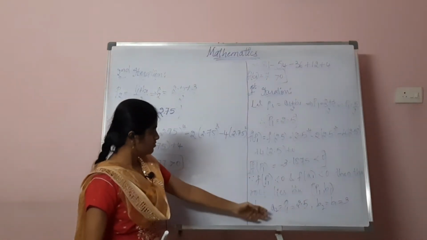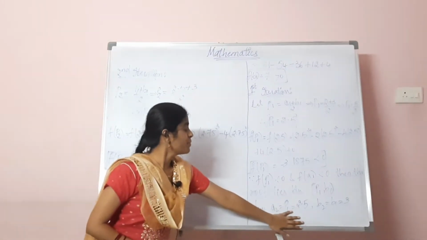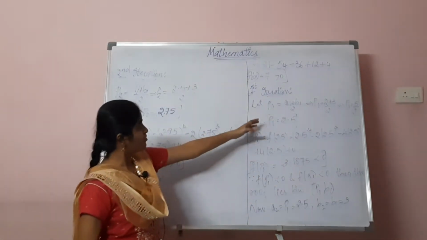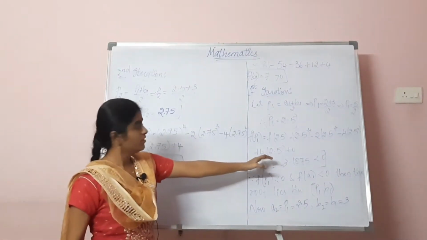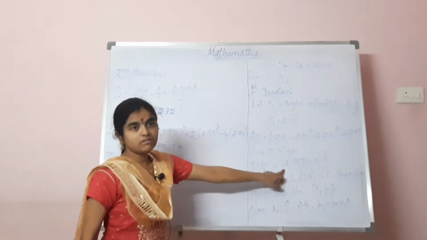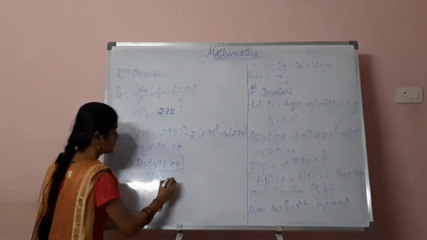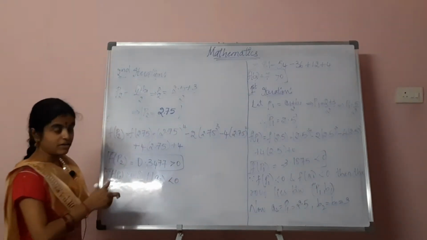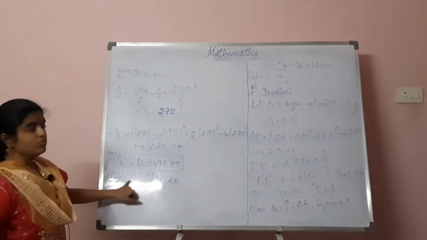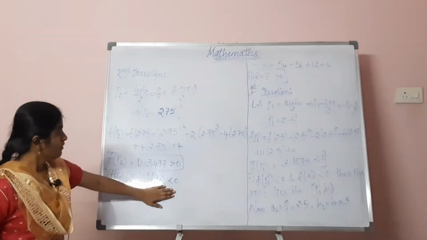What is A2 value? A2 means here P1. See, what is P1 here? 2.5, which we have substituted. This 2.5 we have already substituted. What we are getting here? Negative. So I'll repeat again. F of P2 greater than 0. Okay. And here F of A2 less than 0.